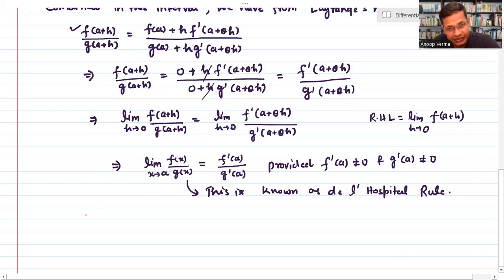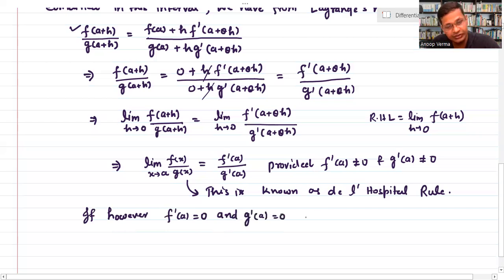If however f dash of a is just equal to 0 and g dash of a is just equal to 0, then we apply L'Hospital rule again.